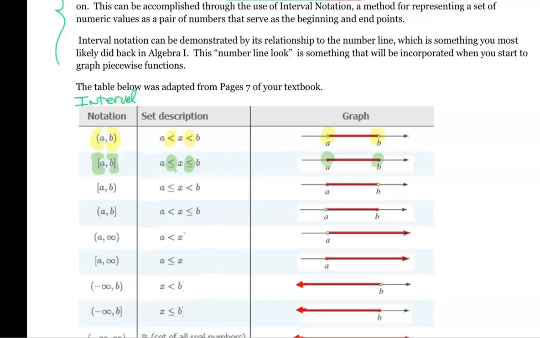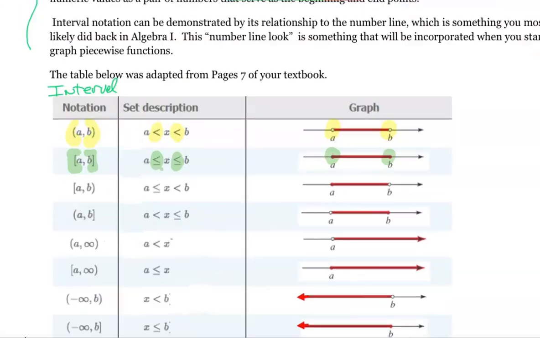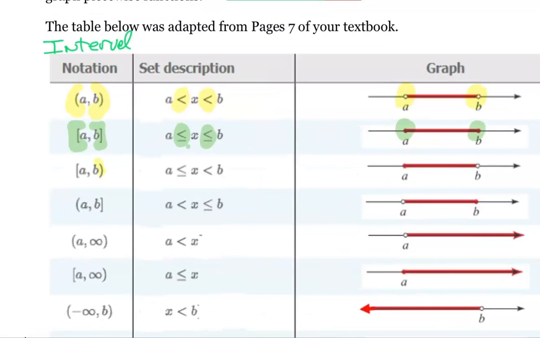Make that association. Okay, the next one, you can have mixed results. So look what we have. We have a paren here. That means I had a strict inequality here, and I had an open circle there. But for the A, I have a bracket, so I must have had this, and I must have had a filled in circle.